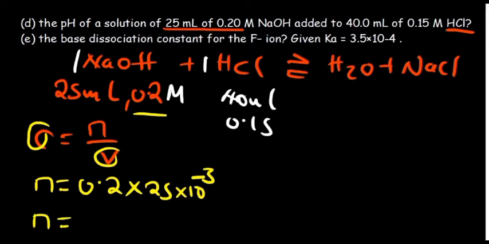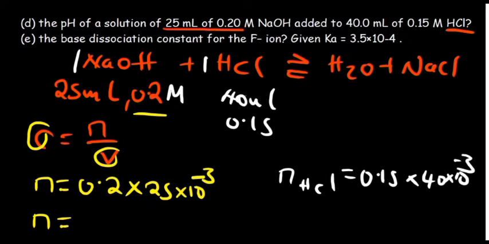Then for the other part, the number of moles of HCl is going to be 0.15 multiplied by 40 by 10 to the power negative 3. So let's find the number of moles of the sodium hydroxide to start with. Grab your calculator: 25 multiplied by 10 to the power negative 3 multiplied by 0.2.